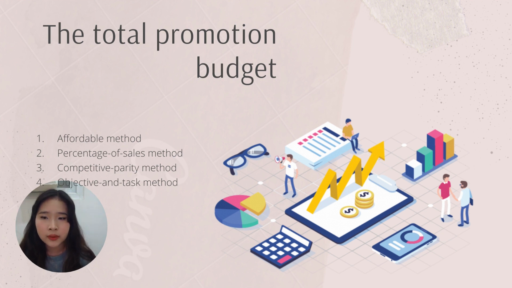Competitive parity method: setting the promotion budget to match competitors' outlays. Objective and task method: developing the promotion budget by defining specific promotion objectives, determining the tasks needed to achieve the objectives, and estimating the cost of performing the tasks. The sum of the costs is the proposed promotion budget.